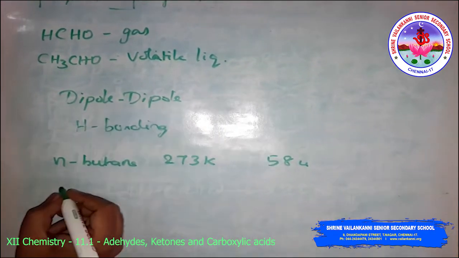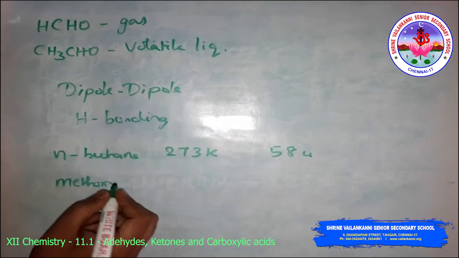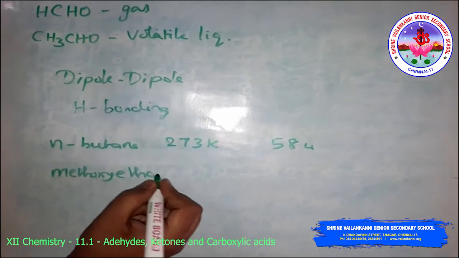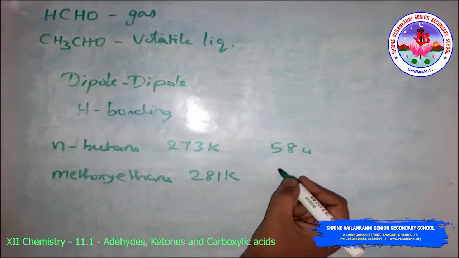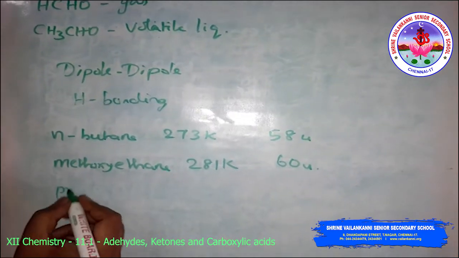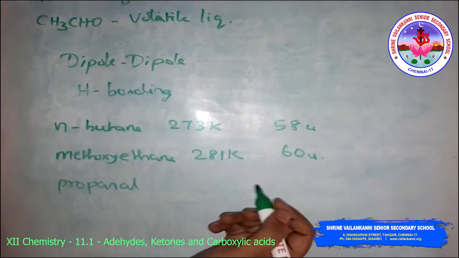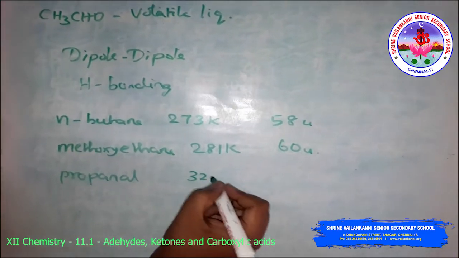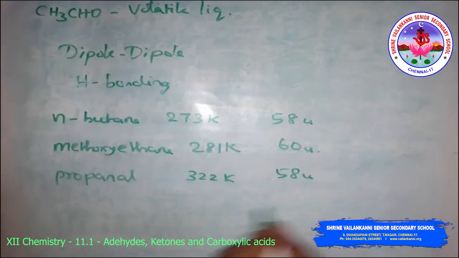Then methoxyethane: the boiling point is 281 Kelvin, and the molecular mass is 60 u. Then propanal, the aldehyde: 322 Kelvin, and the molecular mass is 58 u.